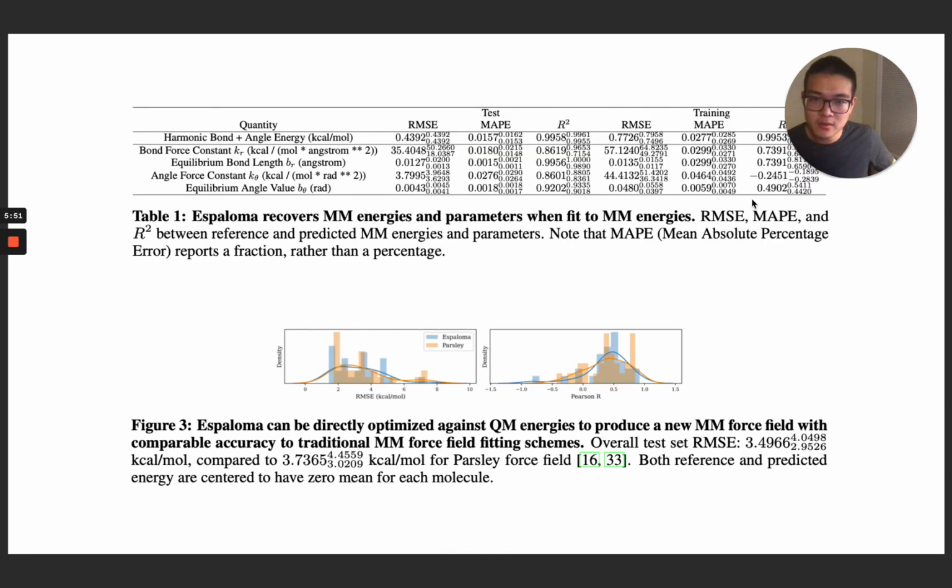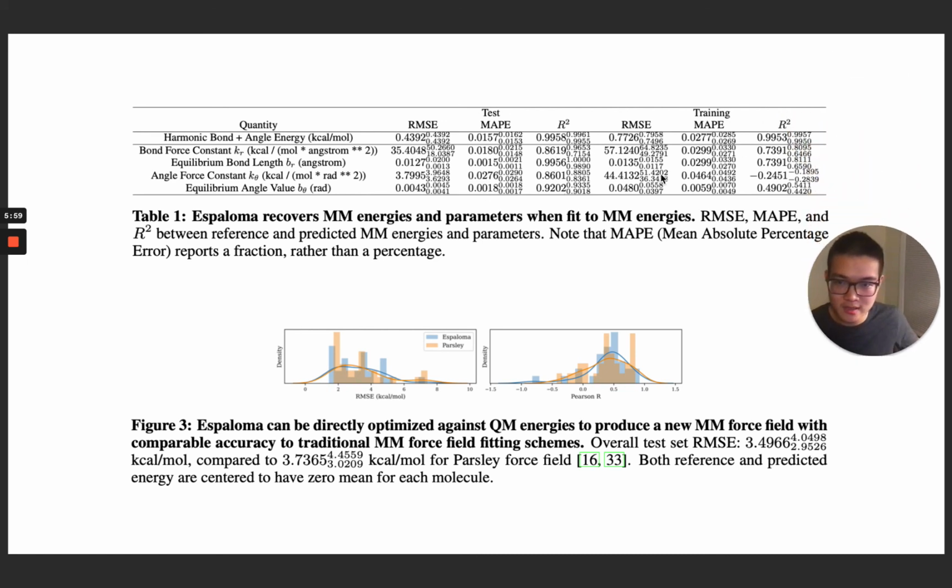So the top part is just a proof of concept where we fit to a system, and the second part is a fitting experiment to a QM system. As is shown here, we achieved a slightly better performance compared to one of the state-of-the-art traditional molecular mechanics force fields, which is called Parsley.